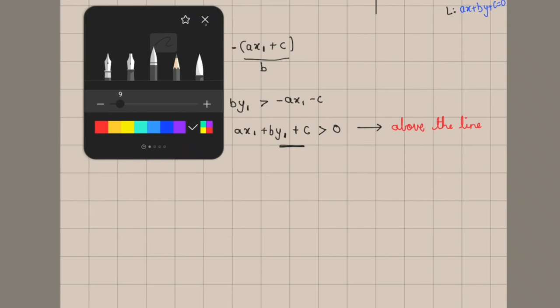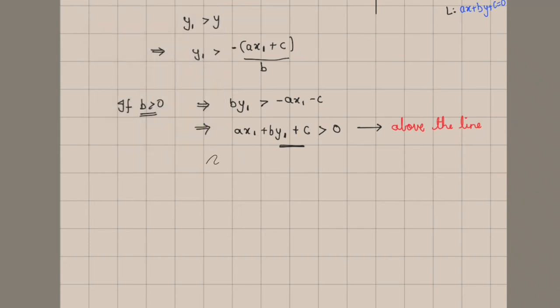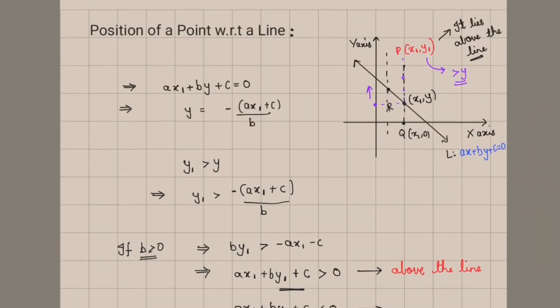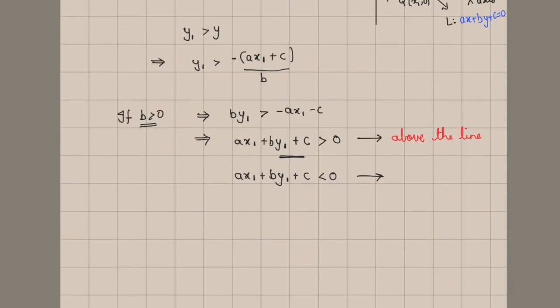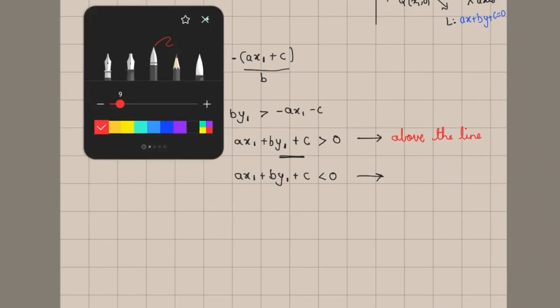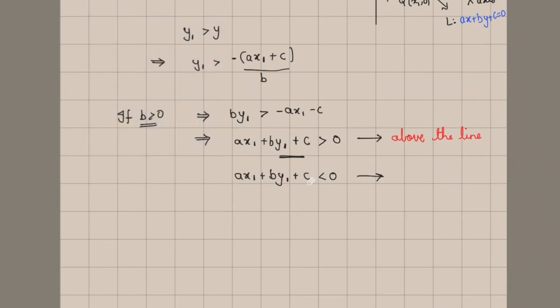Similarly, if it is less than 0, this is obvious because, as we have seen for the above point, if it is below, the sign here will change, which is less than 0. So if any point satisfies this condition, it is below the line. Okay, did you get that?